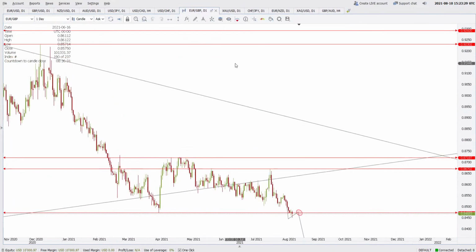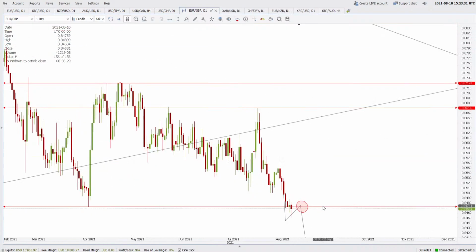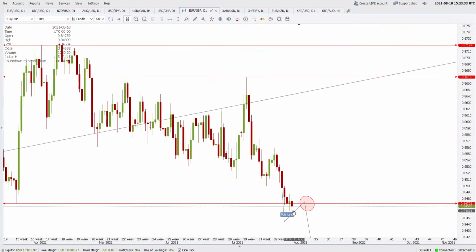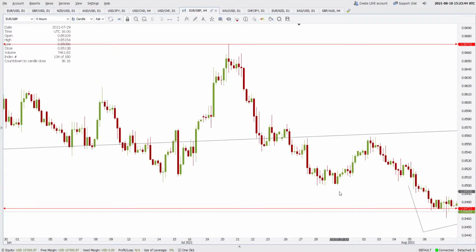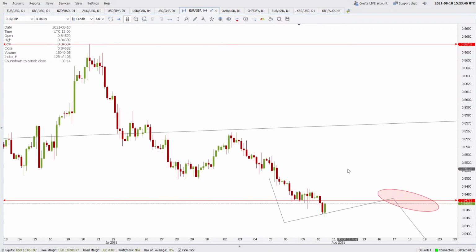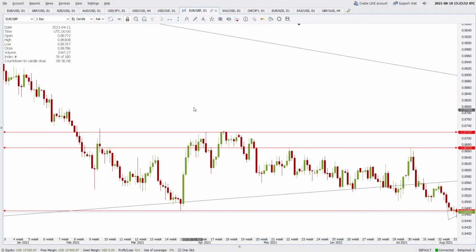Talking about the Euro GBP. Euro GBP broke below the support that we were talking about yesterday, but has failed to close below and is trying to rise. So let's see on the 4 hour, is it rising now or had it risen in the evening? No, it is rising currently. So we are talking about a weekly candle or the daily candle.